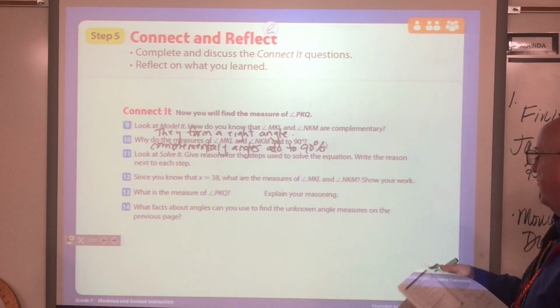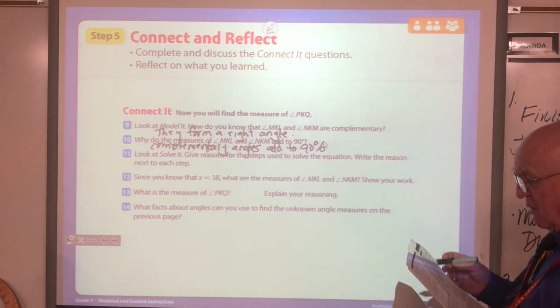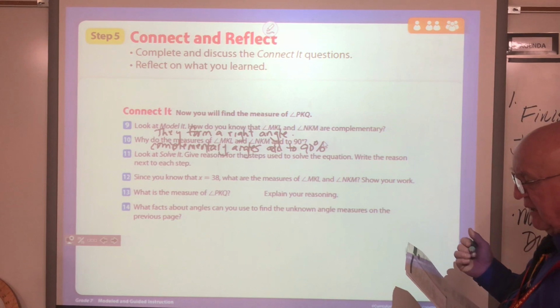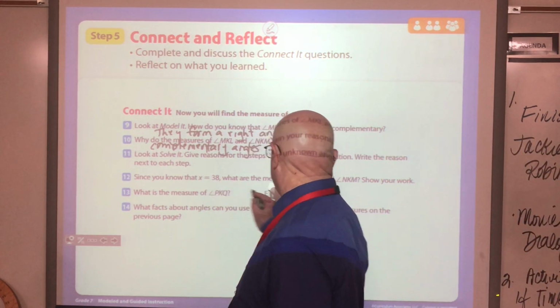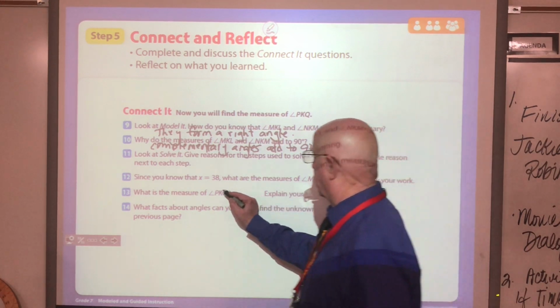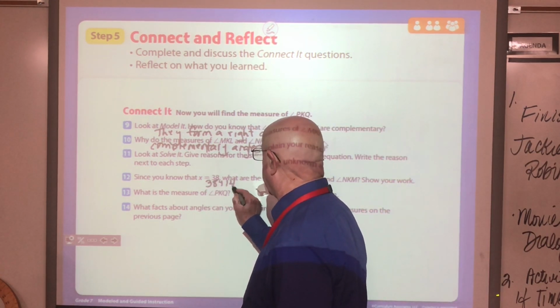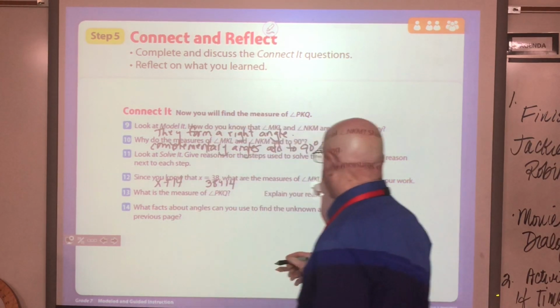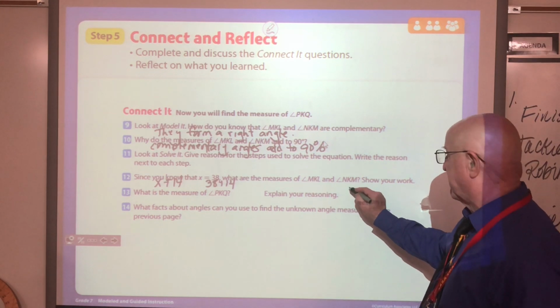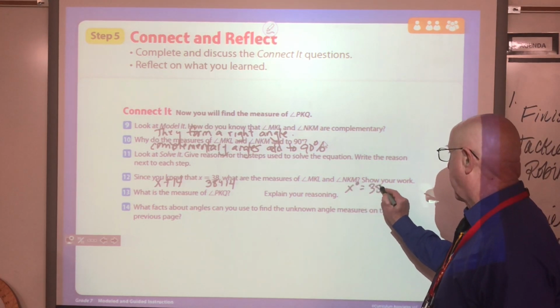How did you figure that out? Well, the measure of MKL was simply 38 plus 14. So MKL is 38 plus 14, because x plus 14 was the answer. And for this one, the answer was simply x. We know that x is equal to 38.